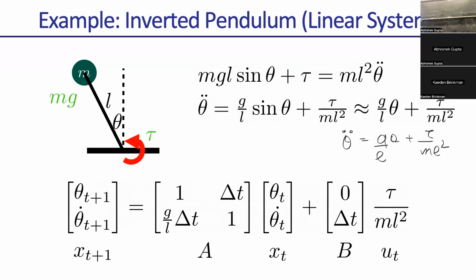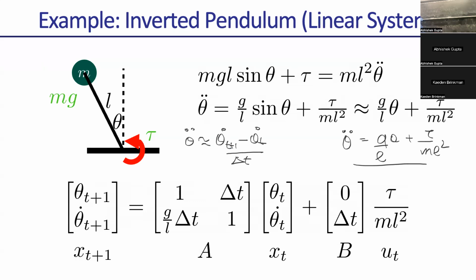If you have this system here, you can say that basically theta t plus 1 minus theta t, divided by delta t, that's basically theta dot t plus 1 minus theta dot t, divided by delta t. That's the same thing as theta double dot, that's the definition of the derivative.